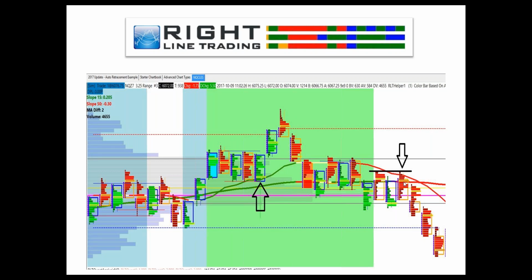Now, when do you take a counter trend trade? And this is a counter trend trade. You could take it here, where the price breaks the 50 and comes back up to resistance. And if you did, you wouldn't have gotten hurt.